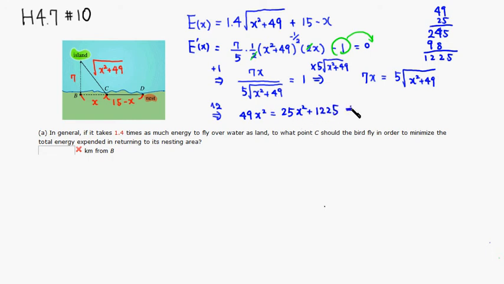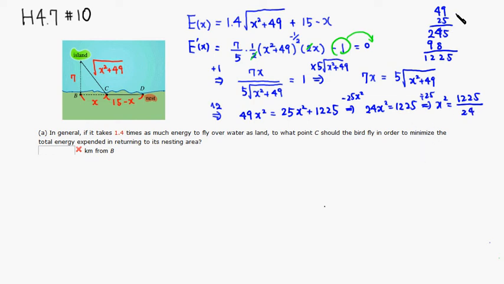Then subtract 25x squared from both sides. So you're going to have 24x squared is equal to 1225. So divide through by 24, so x squared is equal to 1225 divided by 24.